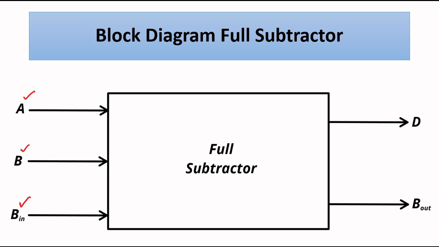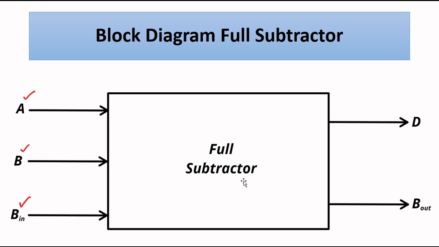In half subtractor there were only 2 bits, A and B, with no provision for input borrow. There was provision for output borrow, difference and borrow output, but the input borrow was not taken into consideration, unlike the full subtractor. So this is the basic block diagram. Like I said, every combinational circuit we can express in the form of a block diagram.